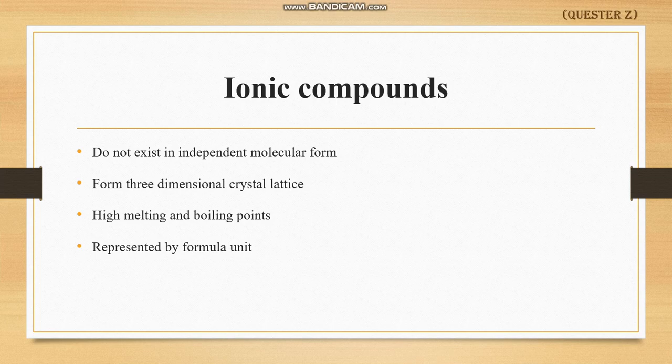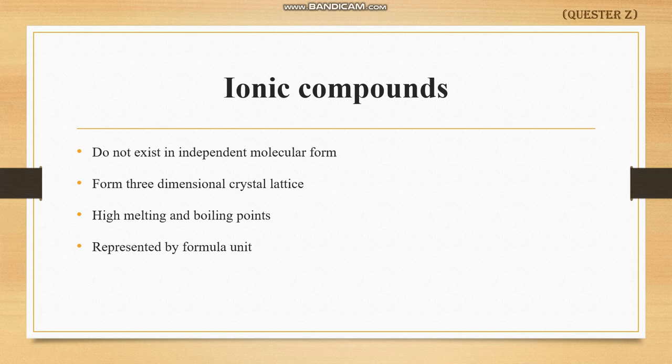The element that gains the electron will have the negative charge. On the other hand, the element that loses the electron will gain the positive charge. So in this way, the opposite charges attract each other, and there will be a strong force of attraction.